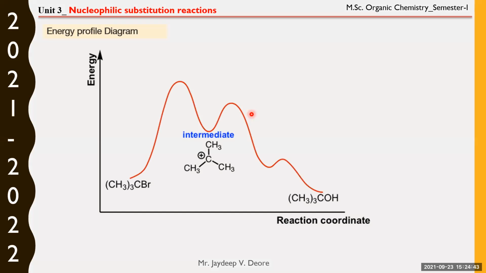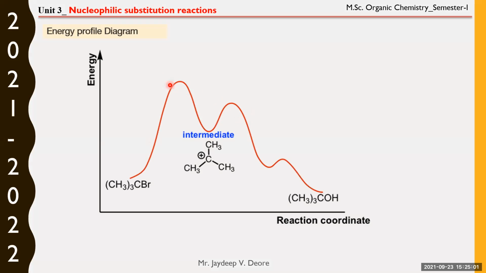You can see that this particular reaction is a two-step reaction. The energy profile diagram always shows the number of steps in the reaction. Here you can see there are two humps, which means the reaction has two steps.